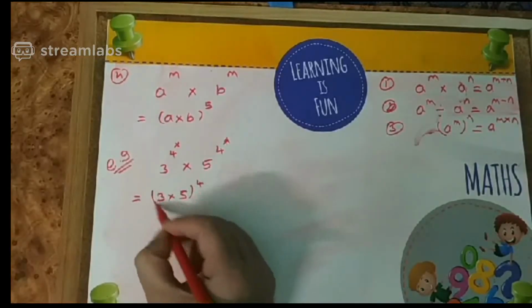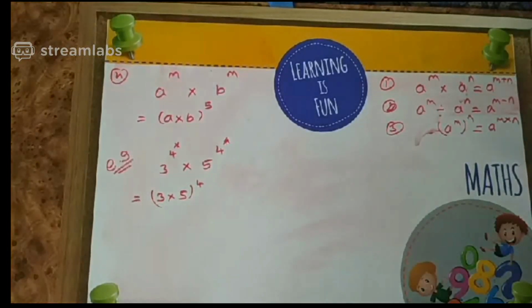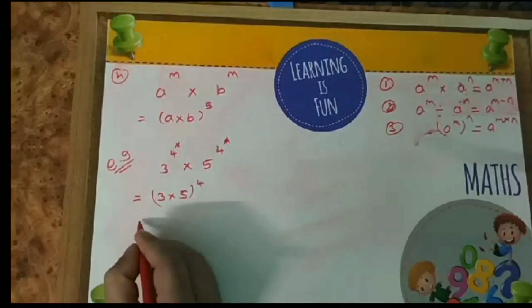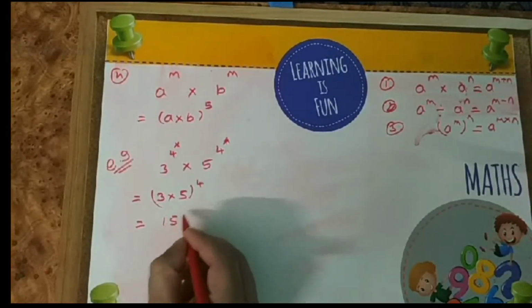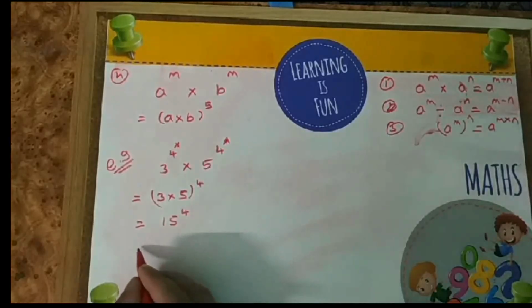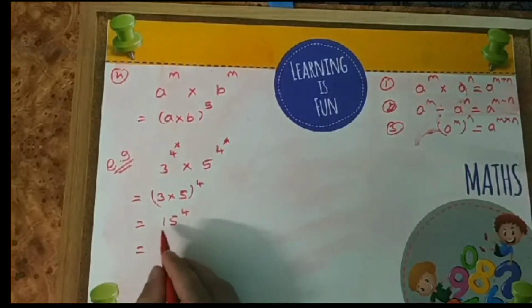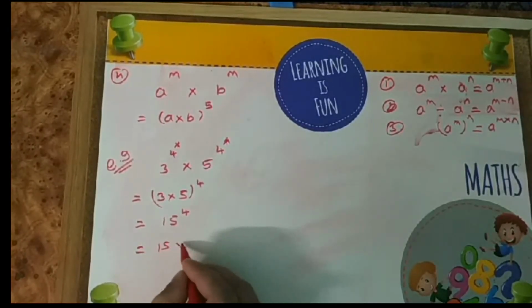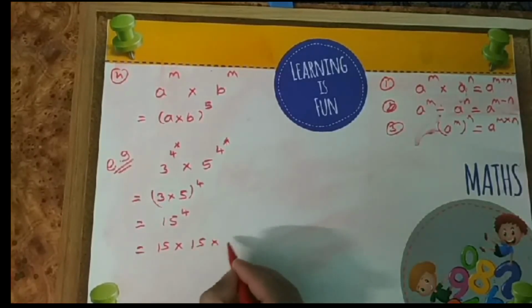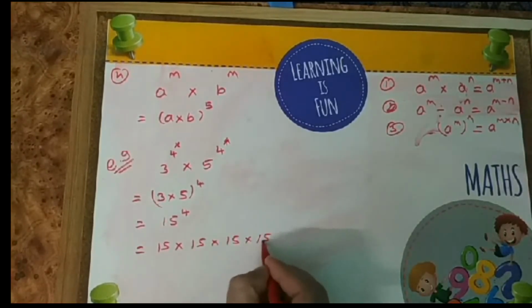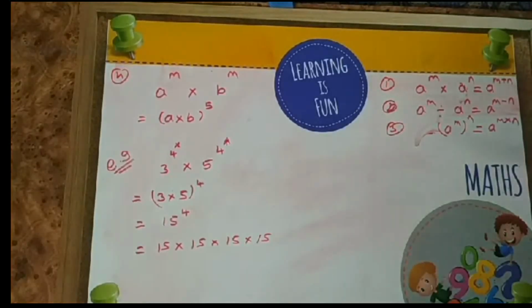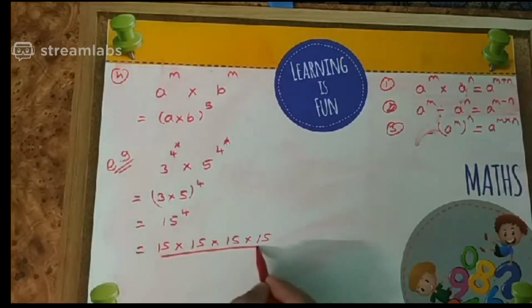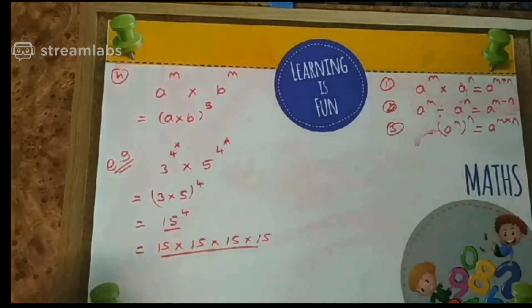I am writing the base in the bracket. 3 fives are 15, power 4. If I expand this, it is 15 times 15 times 15 times 15. So 15 will be repeated 4 times. So this answer and this answer are both the same.